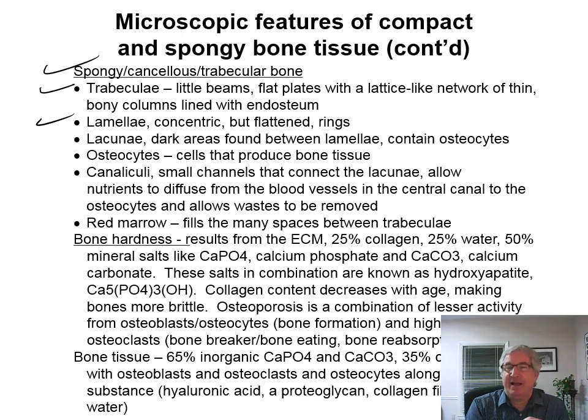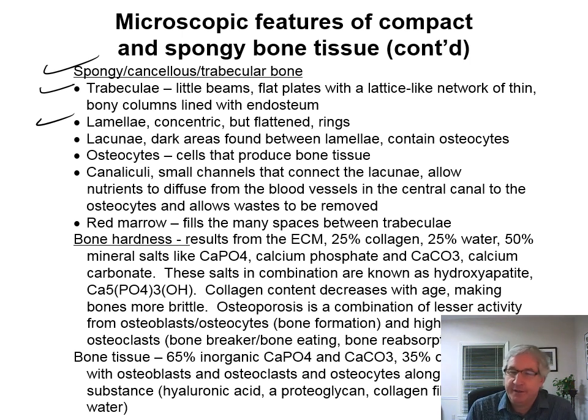Lamellae are concentric but flattened rings in the spongy bone. Lacunae, the dark areas found between the lamellae, have osteocytes in them. Osteocytes produce bone tissue. Canaliculi, small canals, connect the lacunae, and they go from the blood vessels to various osteocytes and allow waste to be removed. And then red marrow fills spaces between the trabeculae.